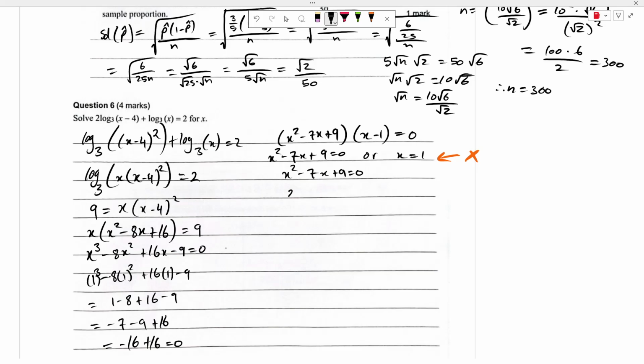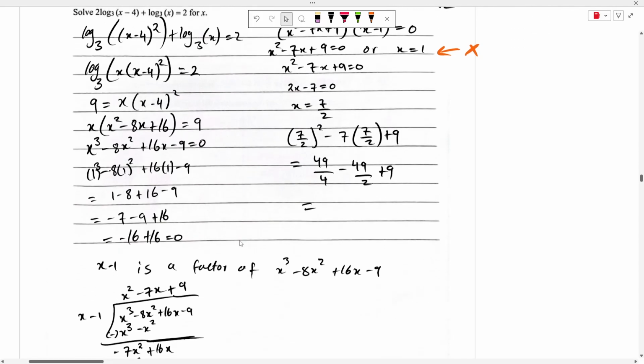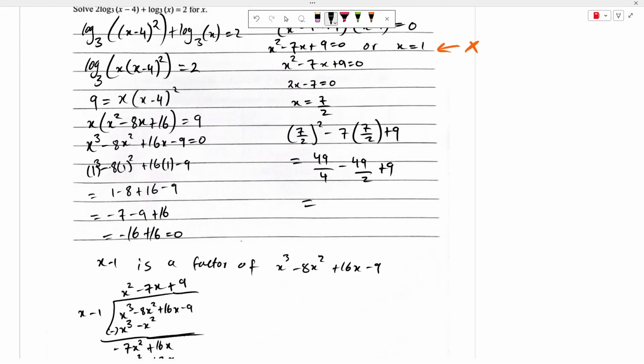Right, first we need to find the derivative, which is 2x minus 7. Set that equal to 0. X is equal to 7 over 2. Plugging that back in, we get 7 over 2 squared minus 7 times 7 over 2 plus 9. That's 49 over 4 minus 49 over 2 plus 9. That's actually going to be minus 49 over 4 plus 9.